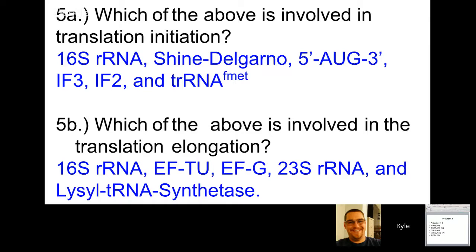For question B, what is involved in translation elongation: the 16S rRNA, EF-Tu, EF-G, 23S rRNA, and lysyl tRNA synthetase.